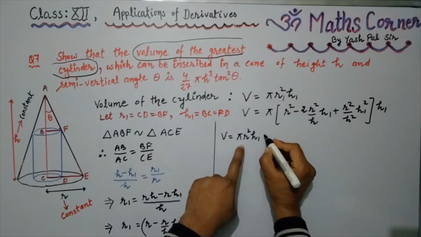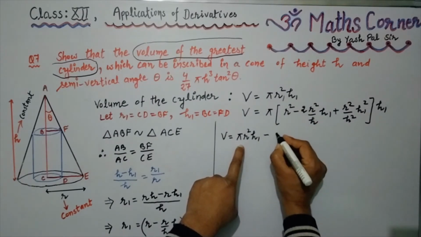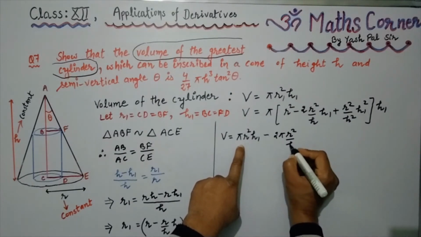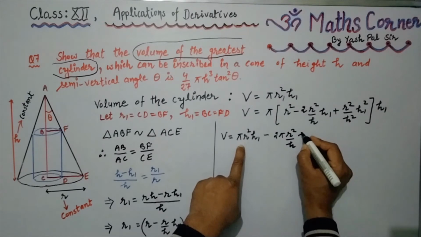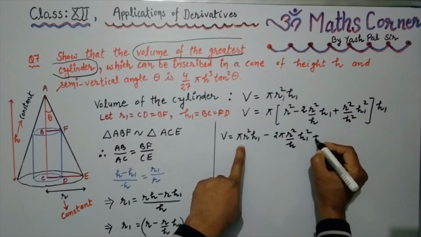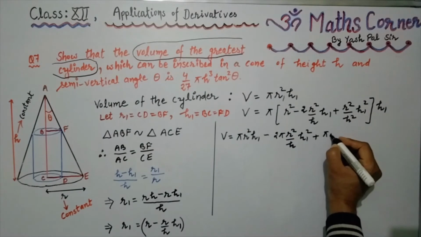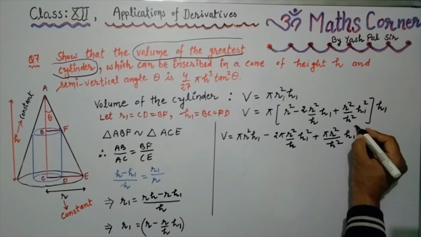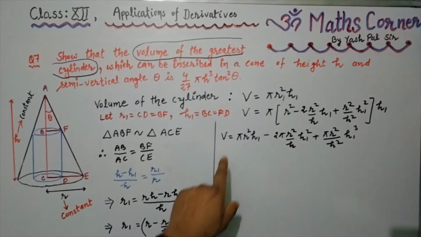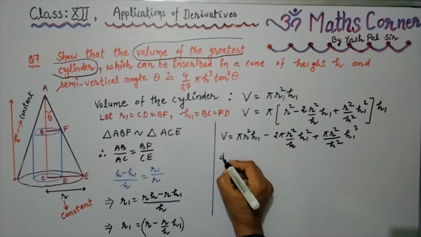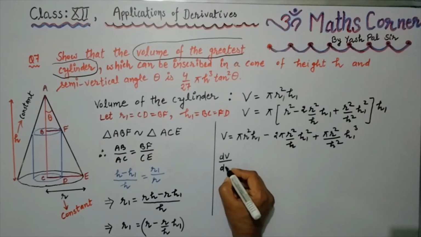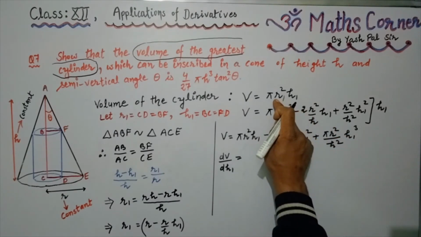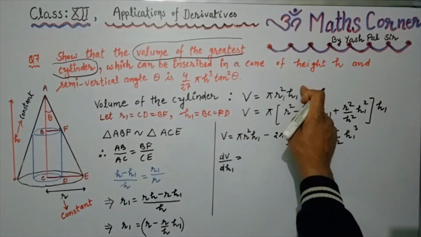again which can be written as pi R square into H1 minus 2 pi R square upon H into H1 square plus pi R square upon H square into H1 power 3. Now we shall find the derivative of this V, dV with respect to H1, because only H1 is the variable.